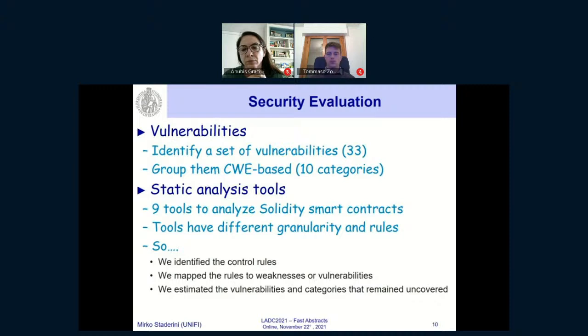Then we have to harmonize that. In order to do it, we identified the control rules for each tool. Then we mapped the rules to weaknesses and vulnerabilities, extracting only those that focus on our set of vulnerabilities. And then, before any experiments, we estimated the vulnerabilities and the categories that remain uncovered for each tool.